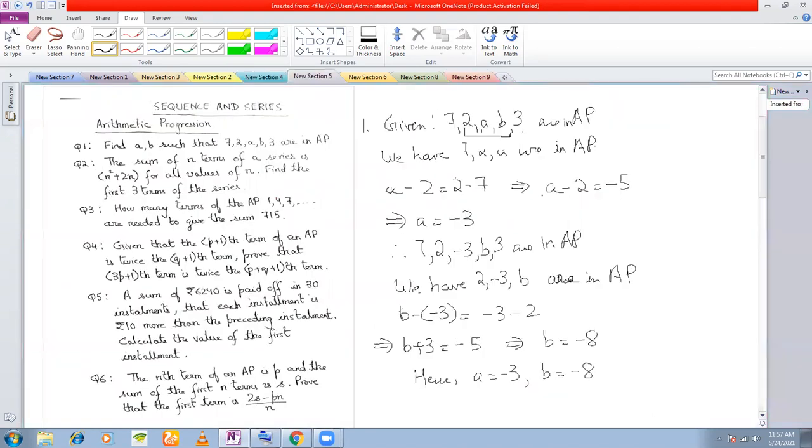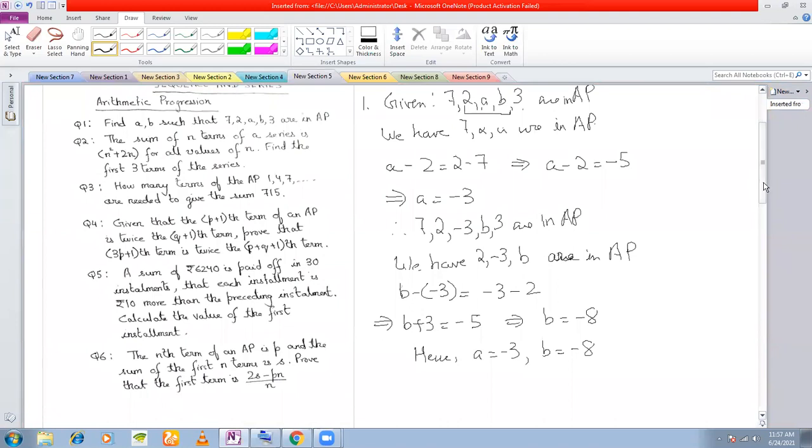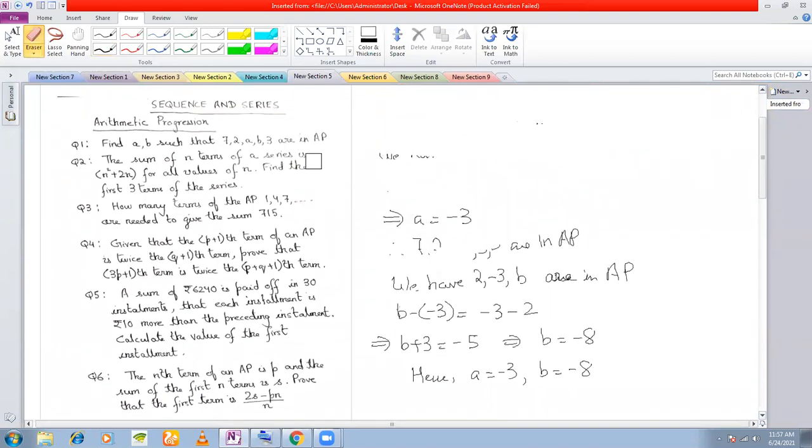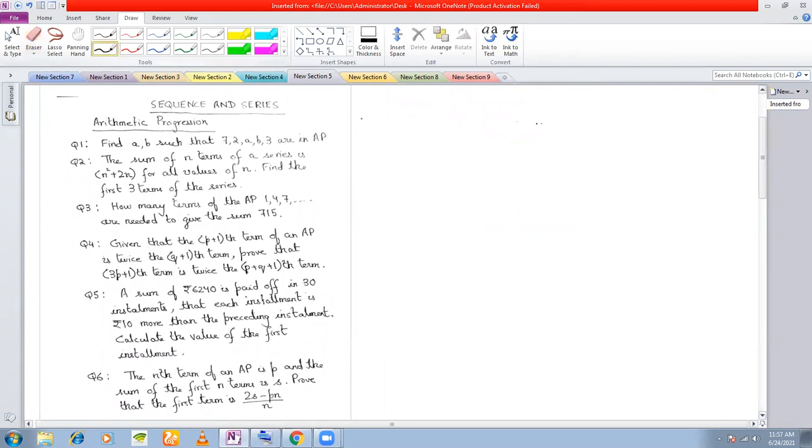So coming back to the problems here. So this first problem is done. We move on to the next problem. The next problem is sum of n terms of a series is n square plus 2n for all values of n.